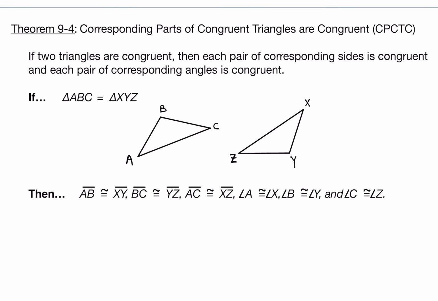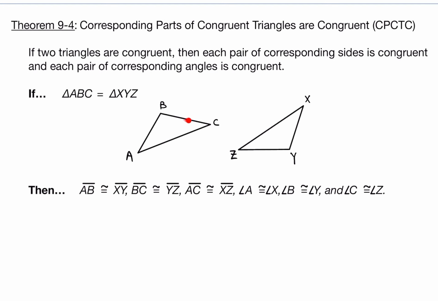The second theorem is referred to as the corresponding parts of congruent triangles are congruent. That's a mouthful, but let me break this down for you. If triangle ABC and triangle XYZ are assumed to be congruent, then each of their components are also congruent.